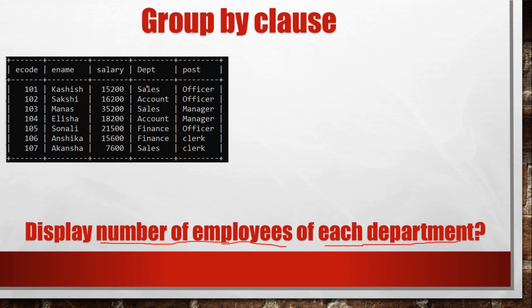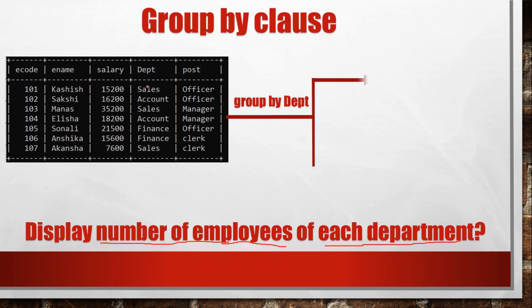For finding this, the first step is to apply the group by clause. If I write group by department, then what will happen? The system will internally make groups from this table on the basis of department.